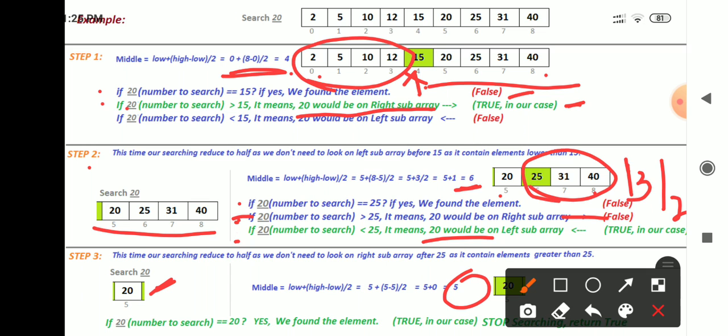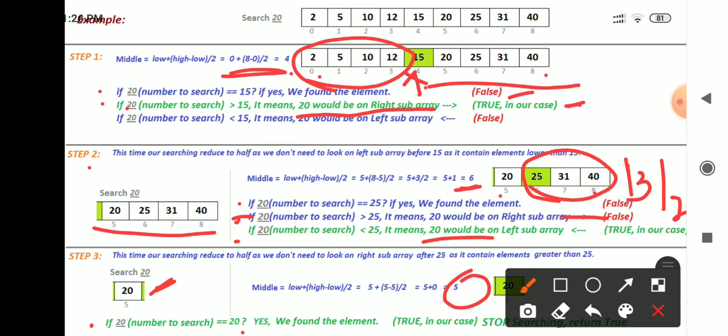Now we check the condition again: the number is equal to mid. Yes, the condition is true, and the position of that mid is 5. So 20 is present at position 5, the index of 20 is 5.